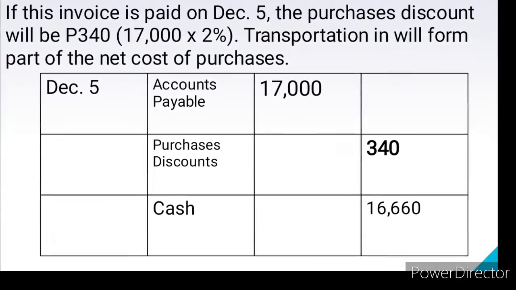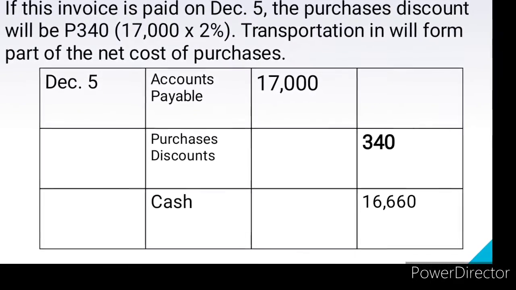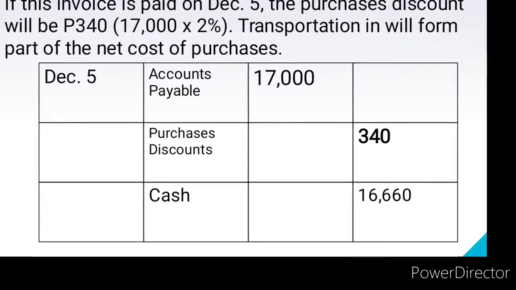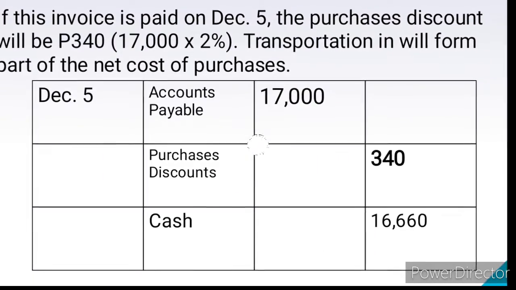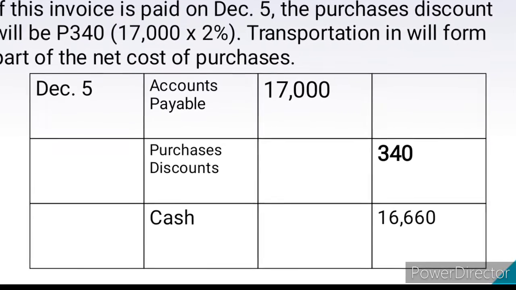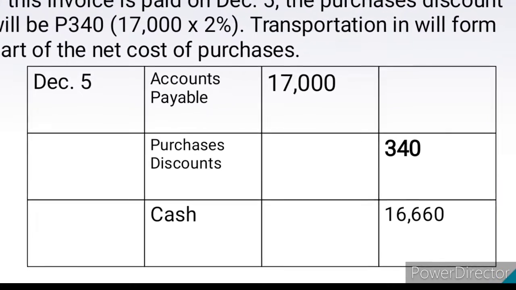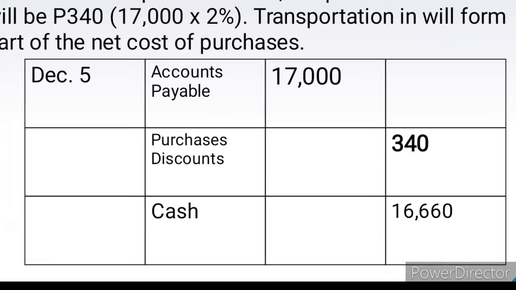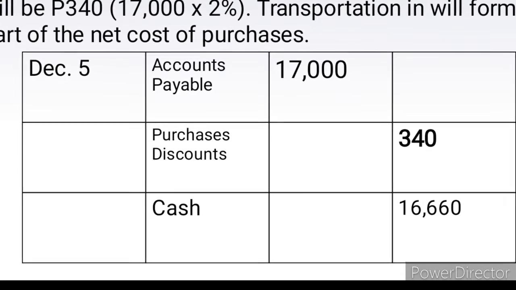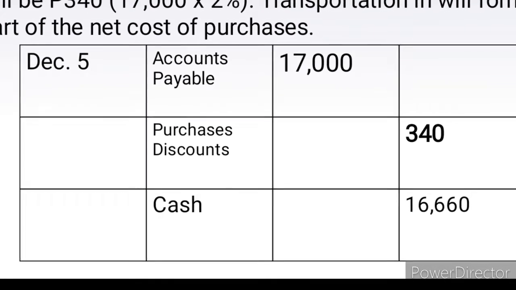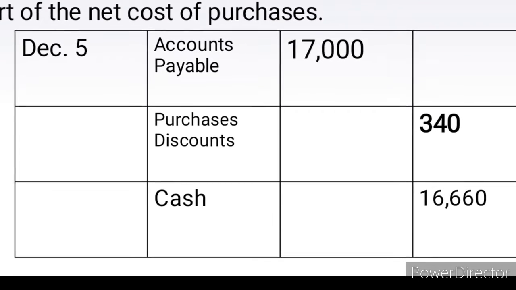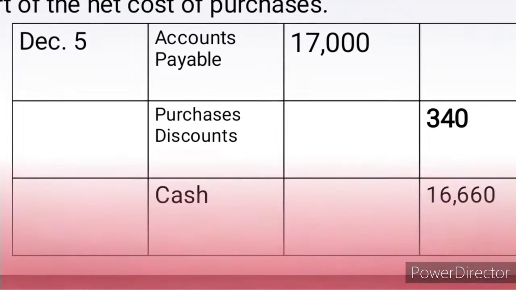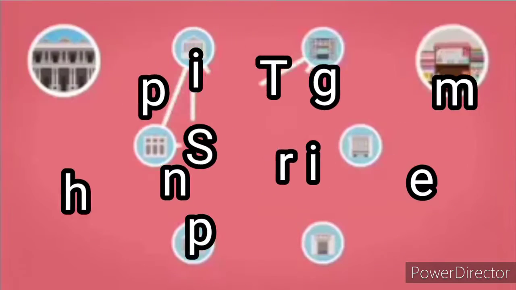Transportation in will form part of the net cost of purchases. On the debit side, accounts payable 17,000 pesos. Purchases discounts on the credit side 340. Cash on the credit side 16,660 pesos, totaling 17,000 pesos. They differ in the shipping term.